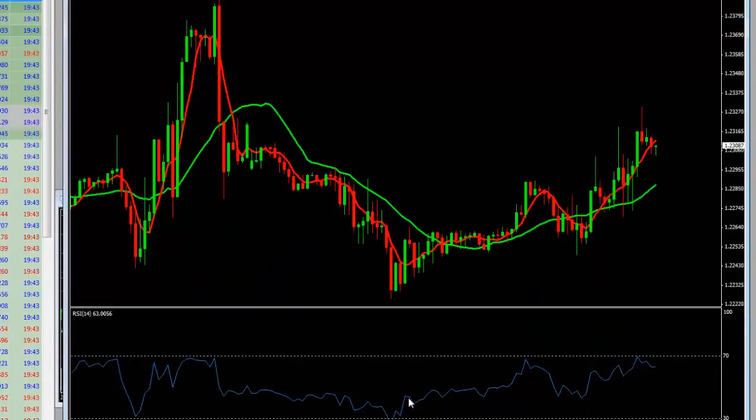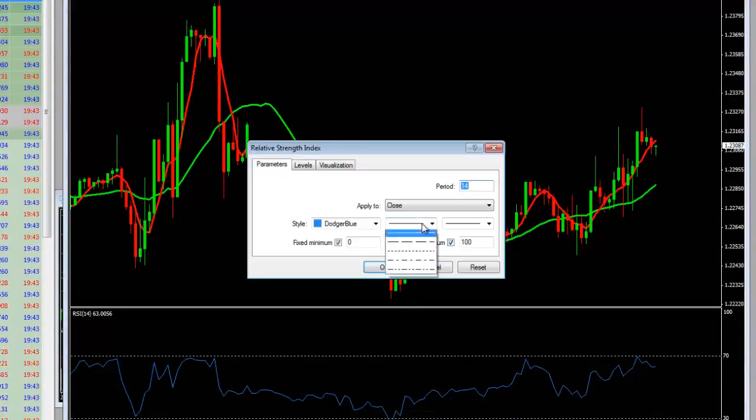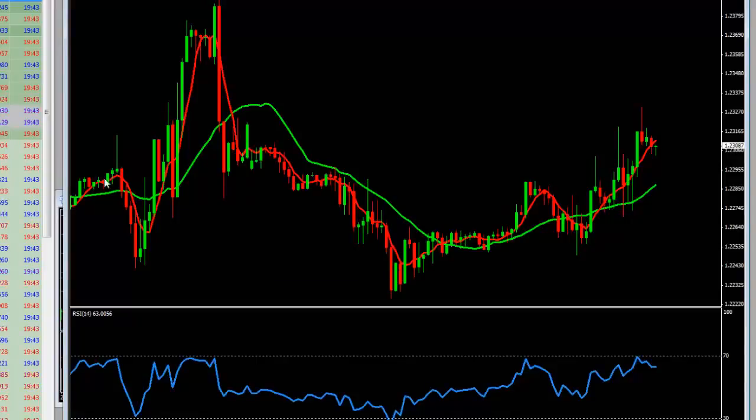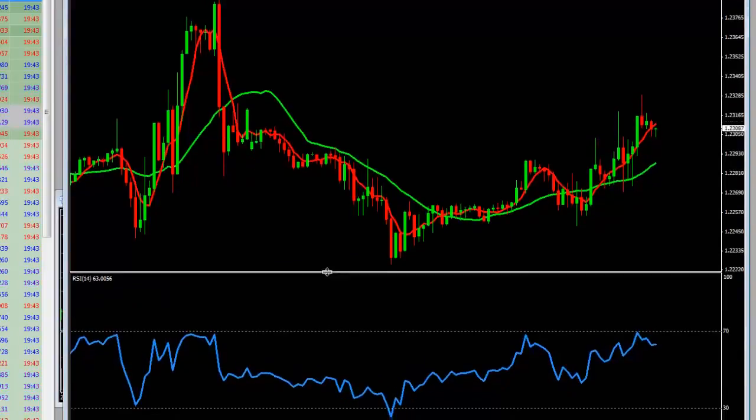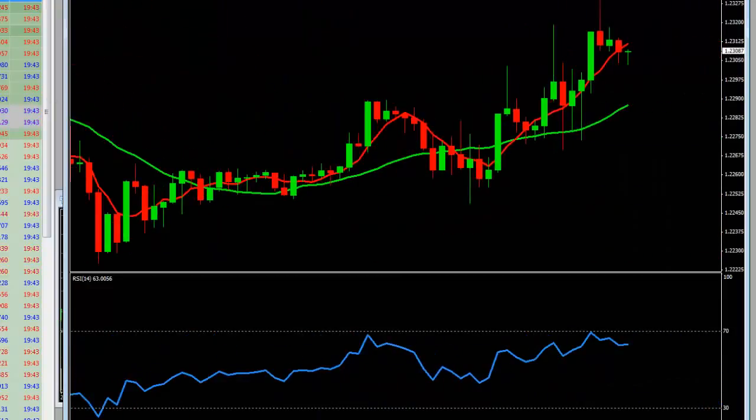And now let's make that a little bit bigger so it's easier for everybody to see. So now we have our red line, which is our short-term moving average, our green line, which is our longer-term moving average, and then we have our blue line, which is our RSI.